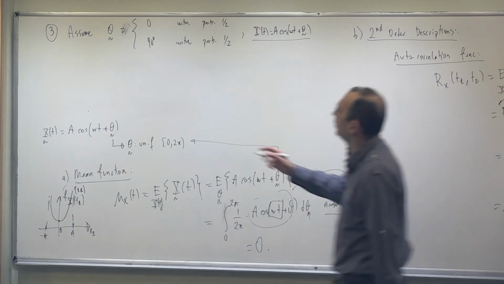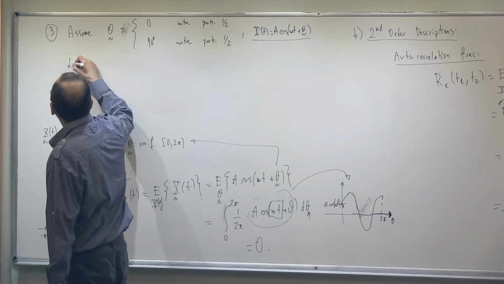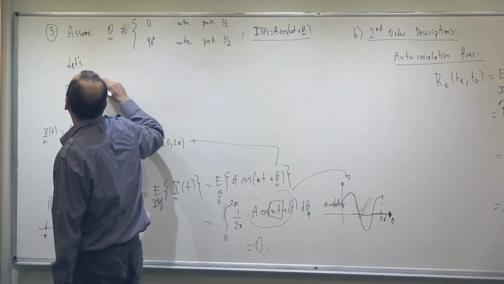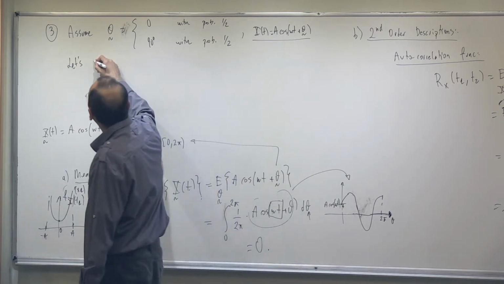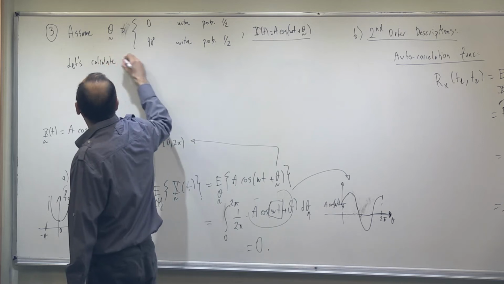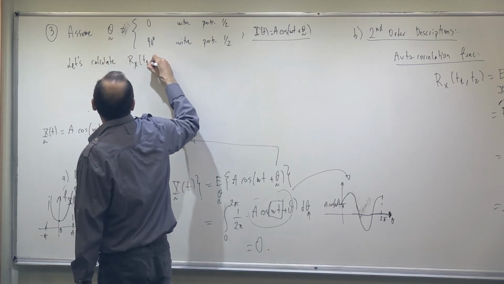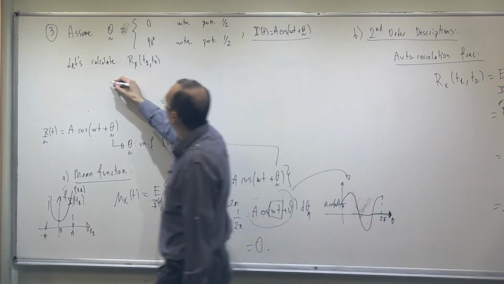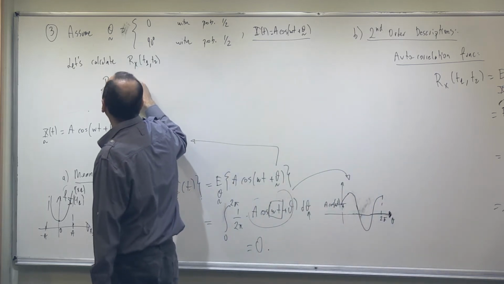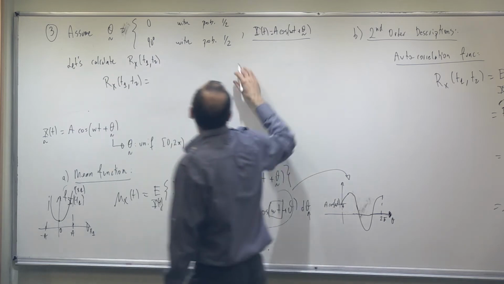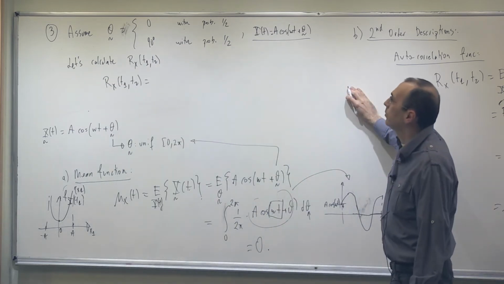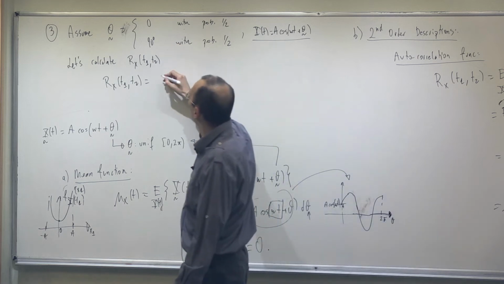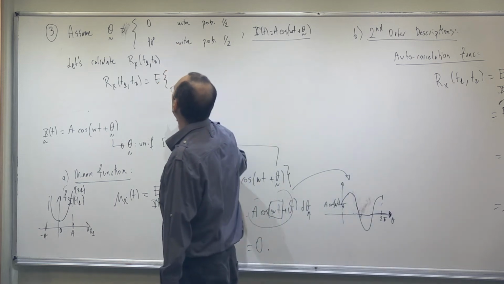So for example, just for the sake of discussion, let's calculate Rx T1, T2. So how would I calculate this? Well, the same story, as I have said. The only difference is that I have changed this probability density function to a discrete-valued one, what we call a probability mass function.